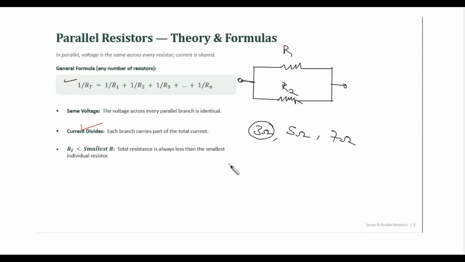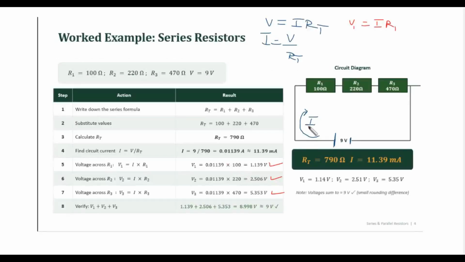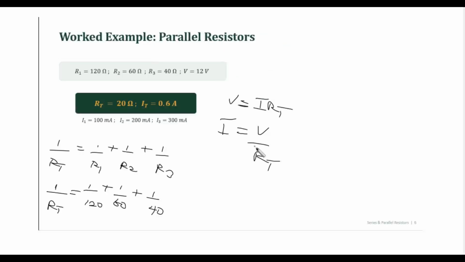Now, for a series combination, we said that the total current is the same current that flows through all the resistors. But for a parallel combination, this total current is not the same current that flows through all the resistors. This total current becomes divided among the resistors.